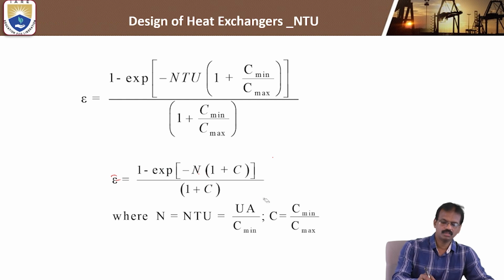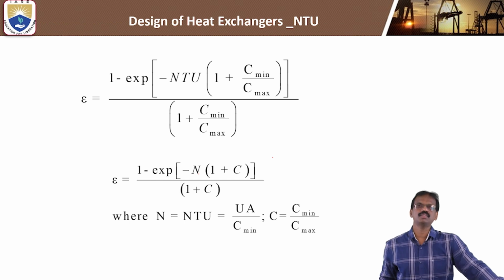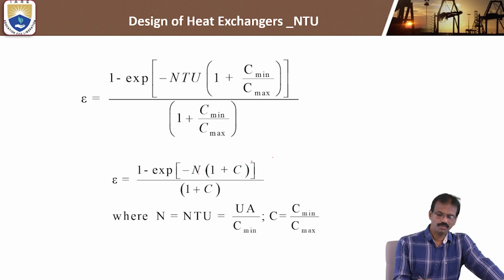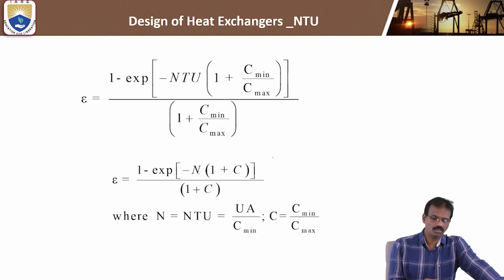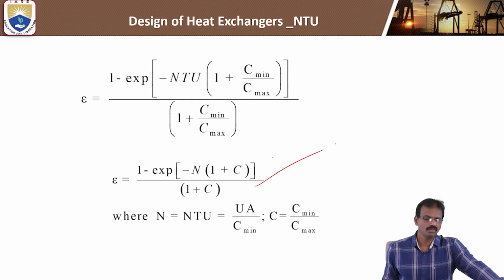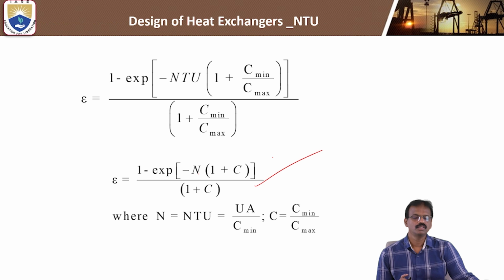So effectiveness epsilon is equal to 1 minus exponential of minus NTU into (1 plus C), divided by 1 plus C, where C is C minimum by C max. This is the formula for finding the effectiveness through the NTU method mainly for a parallel flow exchanger.